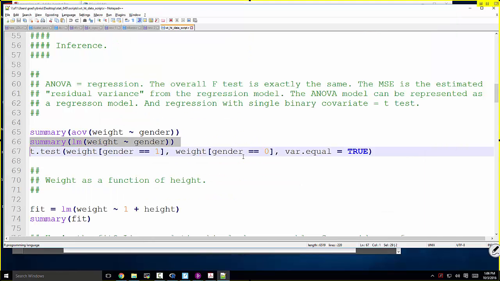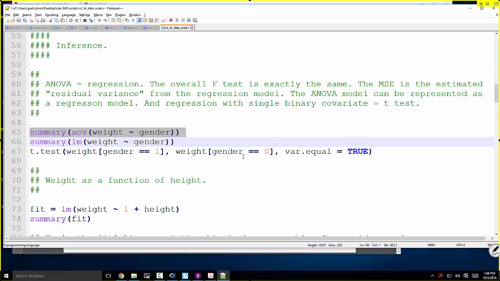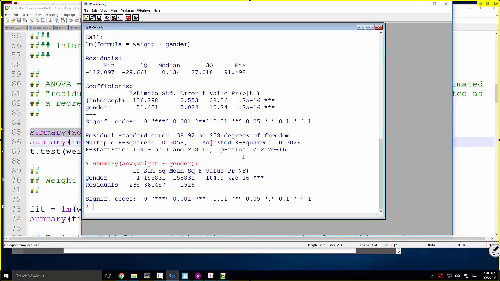This is equivalent to doing ANOVA. If I wanted to ask, let's test whether there's a difference in mean weight between the levels of this factor called gender, that's also an ANOVA problem, and it's equivalent to the regression problem.